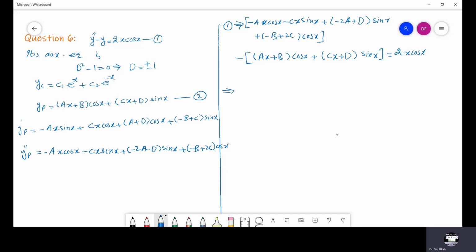If we simplify this equation, we have minus 2a x cos x minus 2c x sin x plus (minus 2b plus 2c) cos x plus (minus 2a minus 2d) into sin x, and this is equal to 2x cos x.